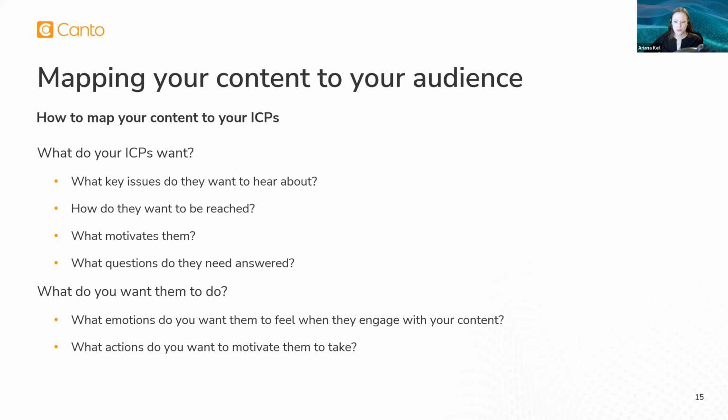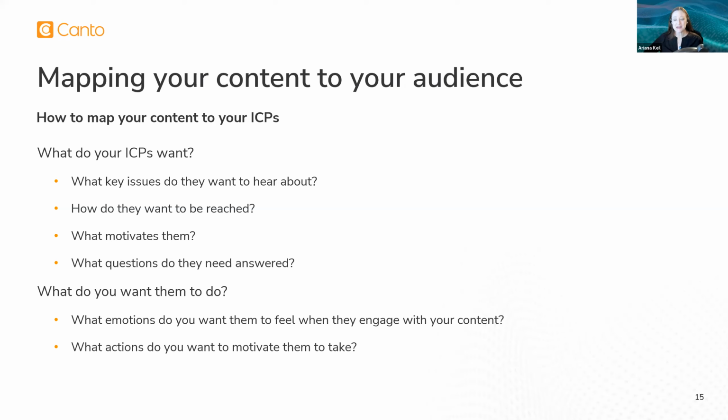Once you understand each group, what they want, and how to meet their content needs, what do you want them to do? What's the goal? What emotions do you want them to feel when they engage with your content? Inspired, concerned, angry, grateful. The reason it's important to think about emotions, not just actions, is it helps you avoid tonal whiplash and inappropriate or misguided calls to action.